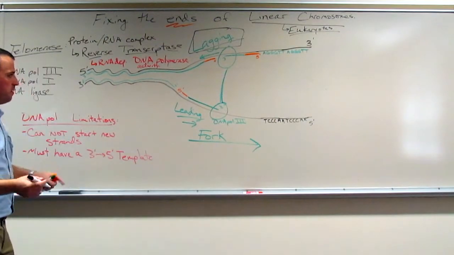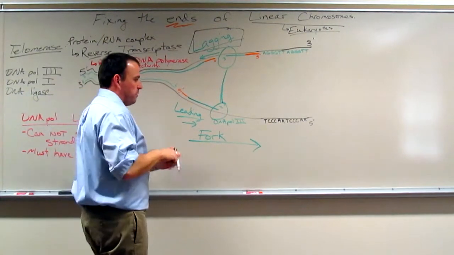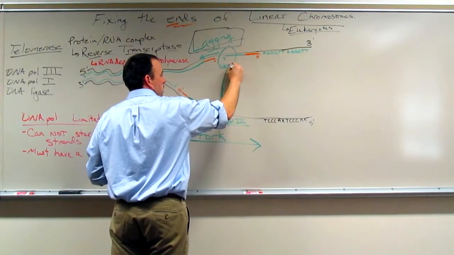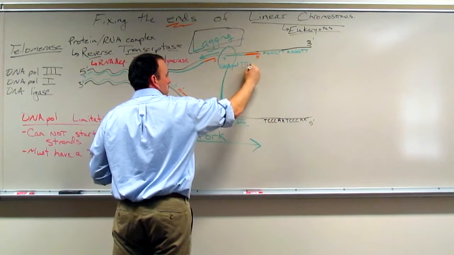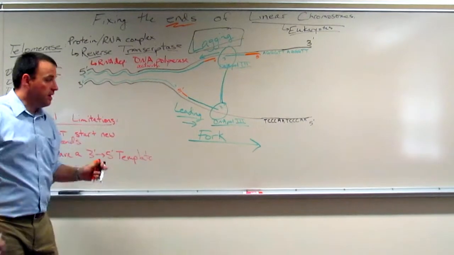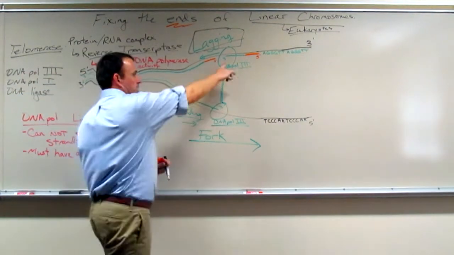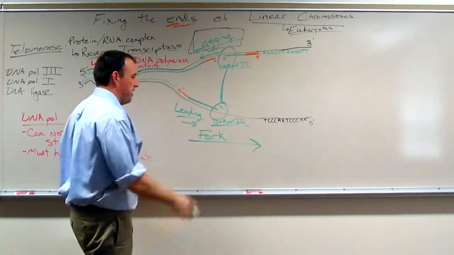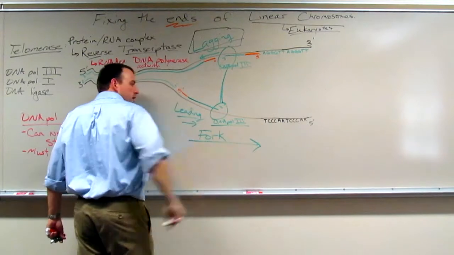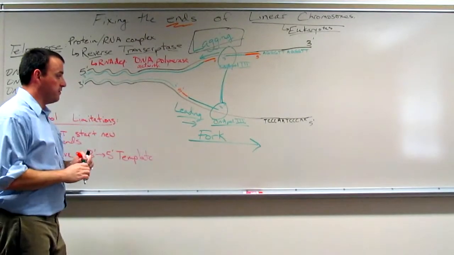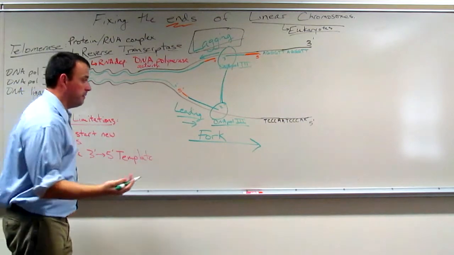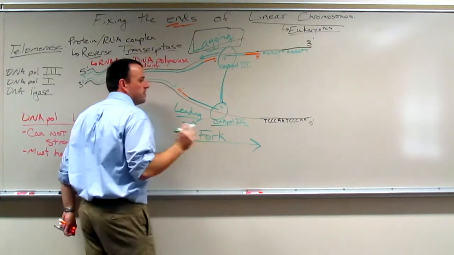So what's going on? Well, as usual, we have DNA polymerase 3. Remember that DNA polymerase 3 is a homodimer, right? It's got one DNA polymerase moving to the left on the lagging strand, and one moving to the right, doing synthesis of the leading strand. Hopefully you can see right here that on the bottom, the leading strand, there's going to be no problem.